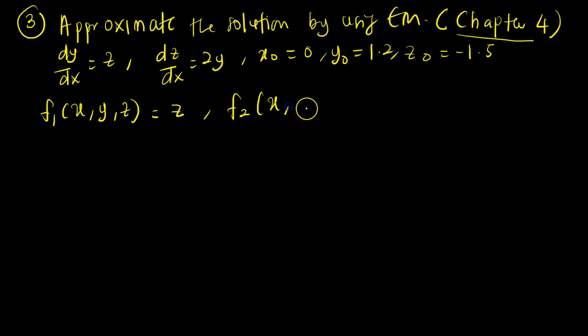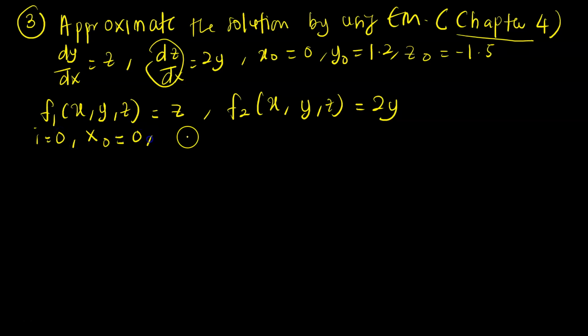Function number 2 of x, y, and z means that this one is dz/dx, which is equal to 2y. And then Euler method is an iterative method. We need to start here with i equal to 0. When i equal to 0, we have x naught equal to 0, y naught equal to 1.2, and z naught equal to negative 1.5.